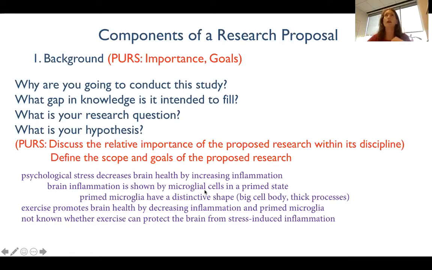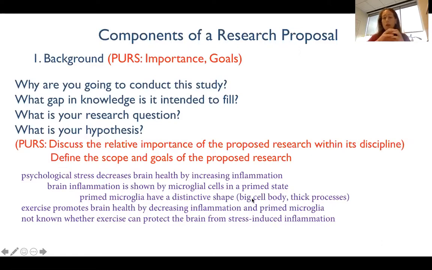So microglial cells are a type of brain cell. And when there is a situation of inflammation, they take on a certain shape and a certain look. And so basically, Pierce was working with the basic idea that a stressed brain is an inflamed brain, and that you can measure that by counting the number of microglial cells that have a very distinctive shape.